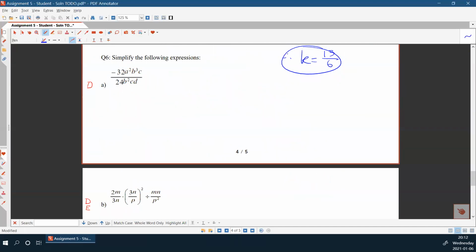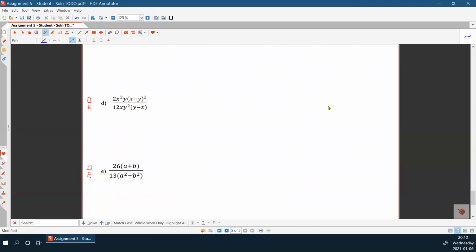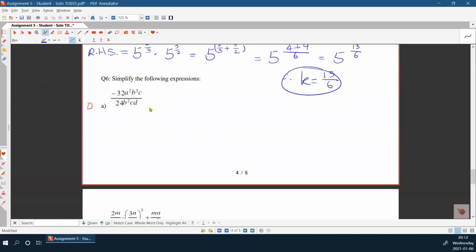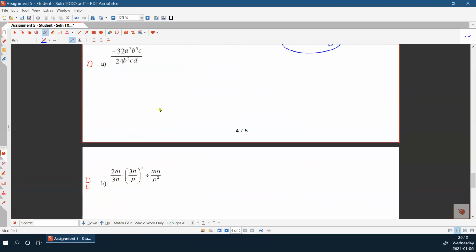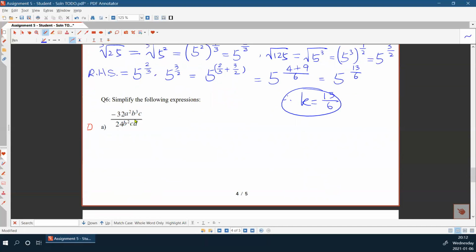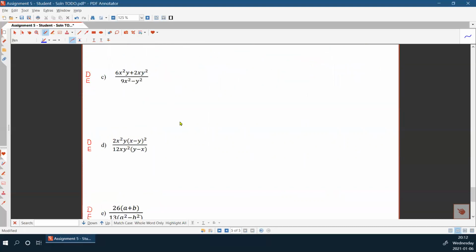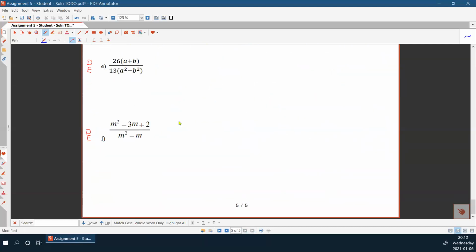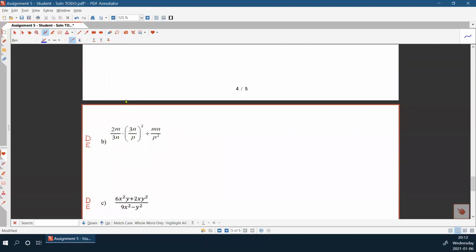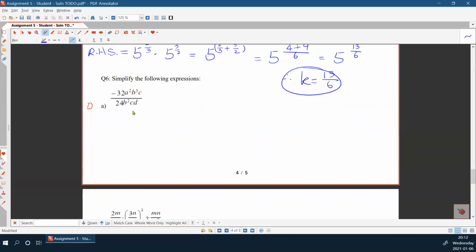Okay, next one. Question 6a. Okay, actually A, B, C, D, E, F in question 6 are of the same types, right? All of them involve simplifying. And I think both of you have done significant mistakes or errors here.